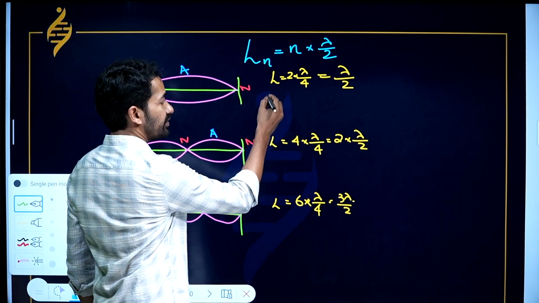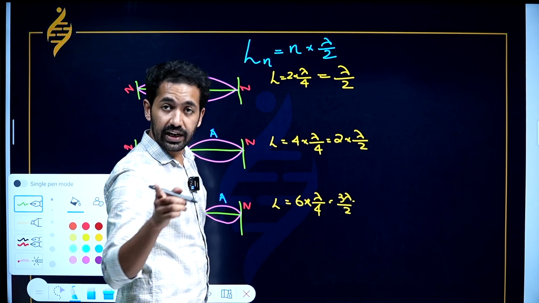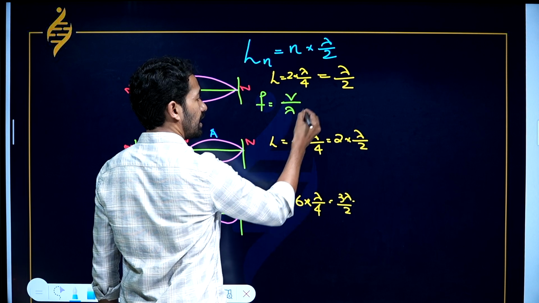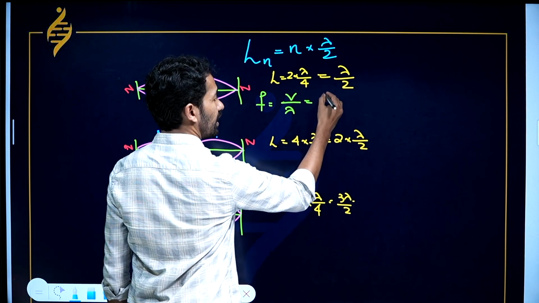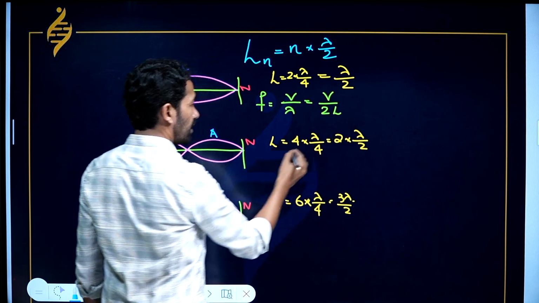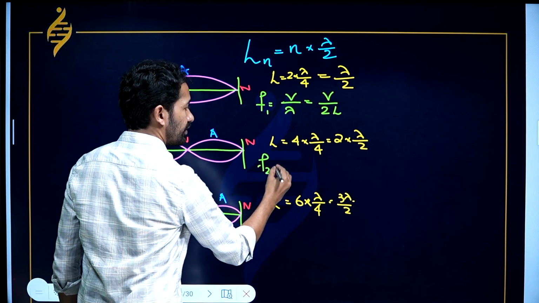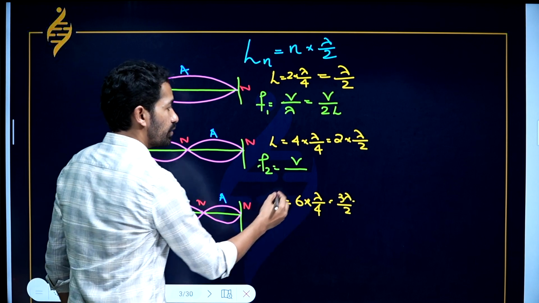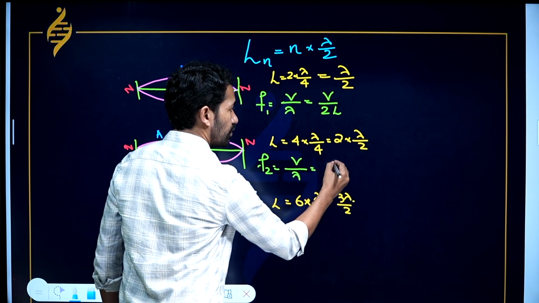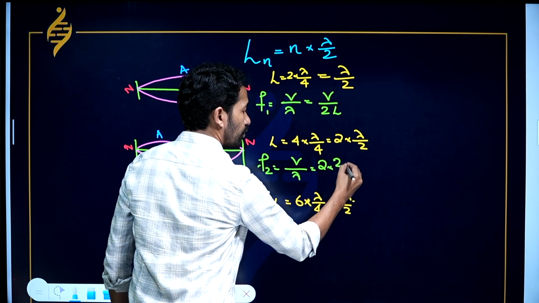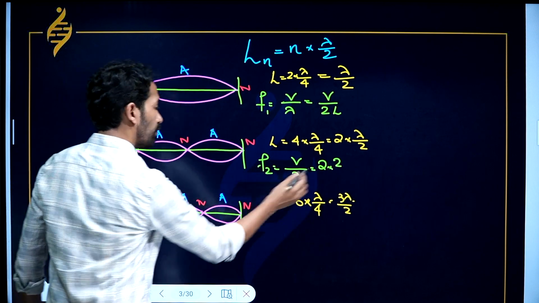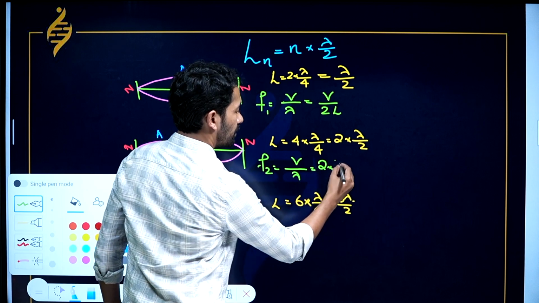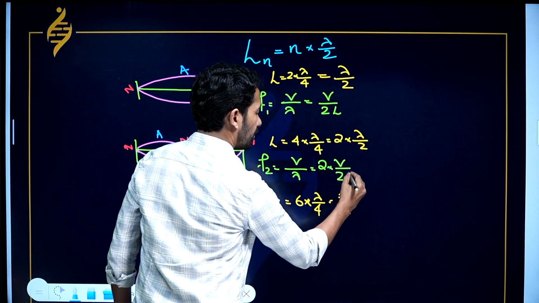Now let's go to frequency. How will we write the frequency here? V is equal to f lambda, and f is equal to V divided by lambda. In the first case, lambda is equal to 2L. So f1 is V divided by 2L. Now in the second case, f2 is equal to V divided by lambda, which is V divided by L, which is 2 into V divided by 2L.